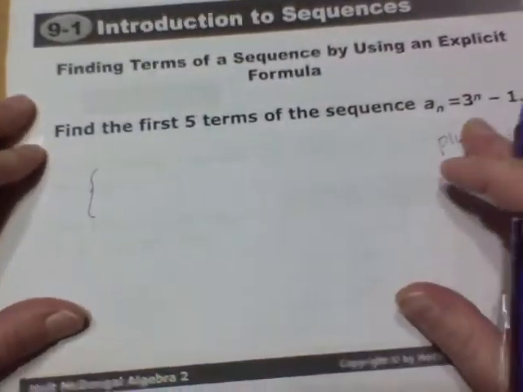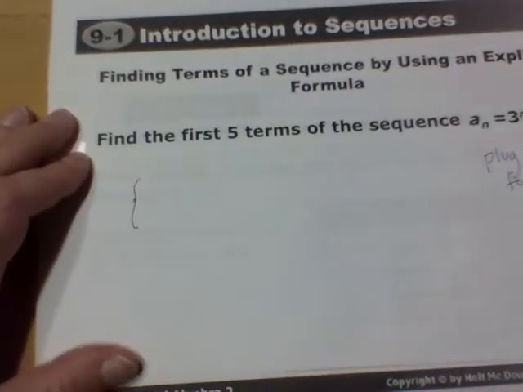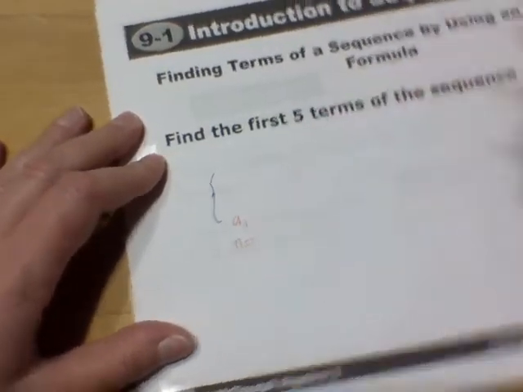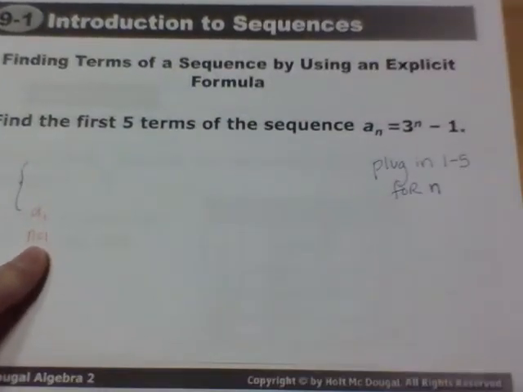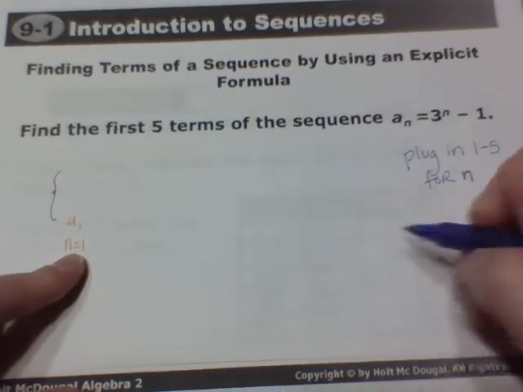So our sequence is going to have the first 5 terms. And remember that all of your sequences start with an n of 1. Okay, so it's not saying any certain restriction on here because it is assumed that you know that it always starts at 1.